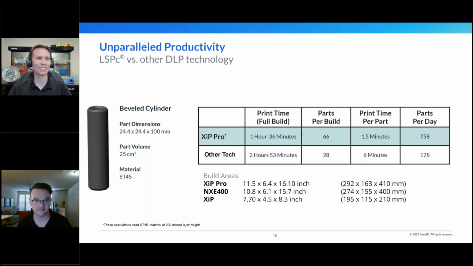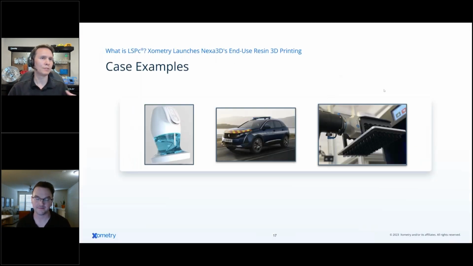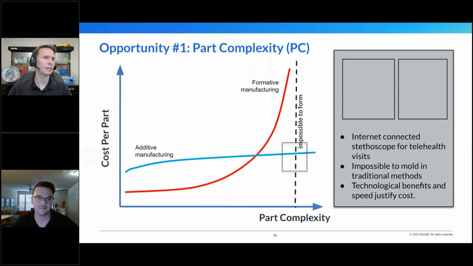How long does it take to print 1 on the build platform? It'd be about 1 hour and 36 minutes. So you get the bonus when you add more. It's like a lot of additive production technologies, they like their neighbors. So let's talk about some case examples and how this may be utilized to give some inspiration, and then we'll jump into some of the materials and design tips.